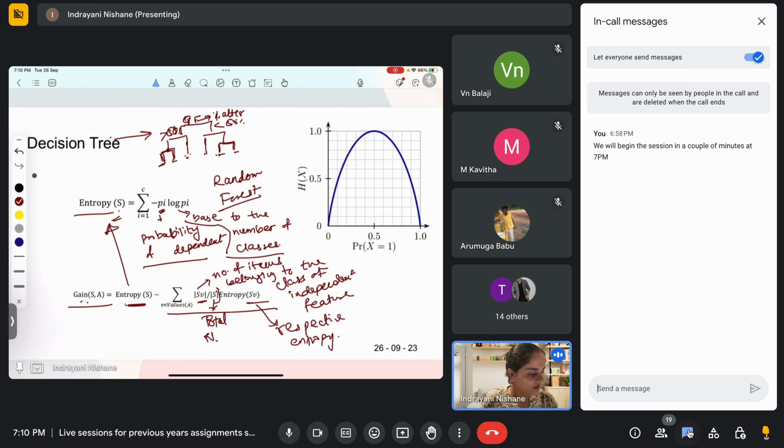So this will be the probability calculations. Even though this formula looks confusing, we'll take it up when the problem comes up.